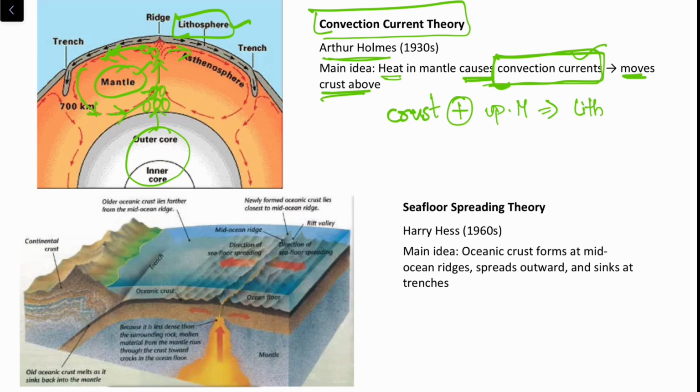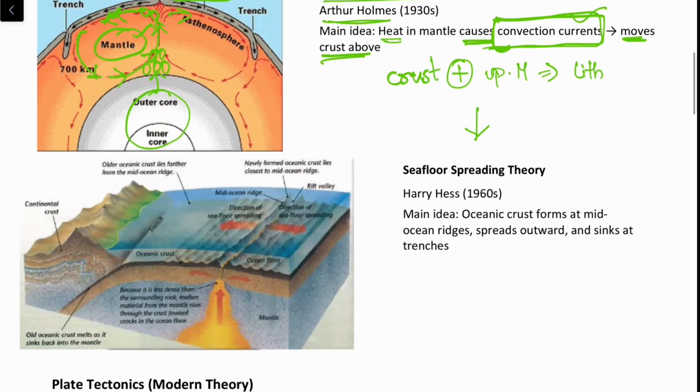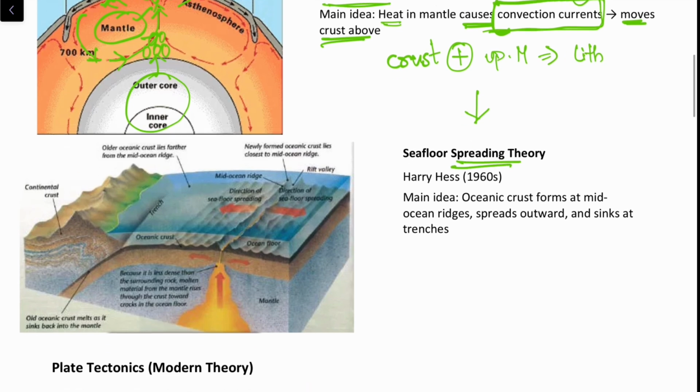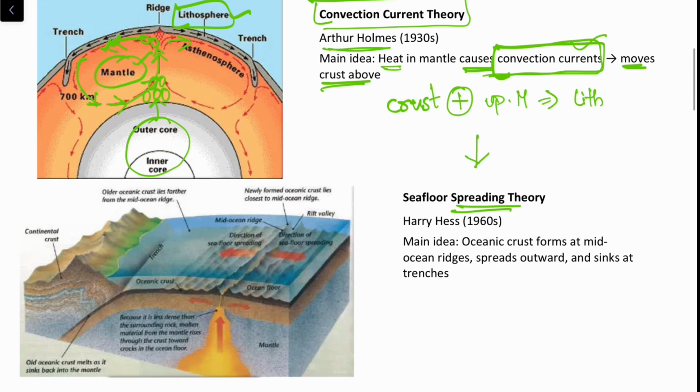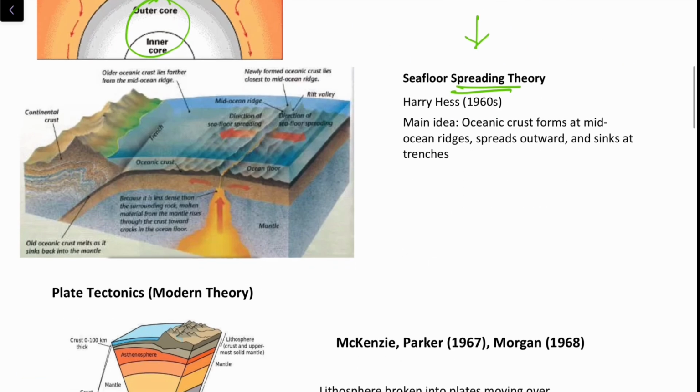The next theory is the seafloor spreading theory, which actually provided the place where this convection current is happening. That was proposed by Harry Hess. He said that oceanic crust forms at the mid-oceanic ridges.